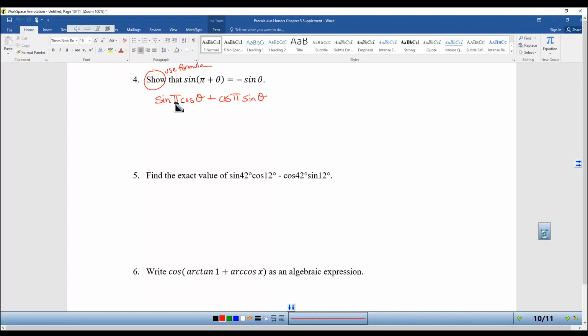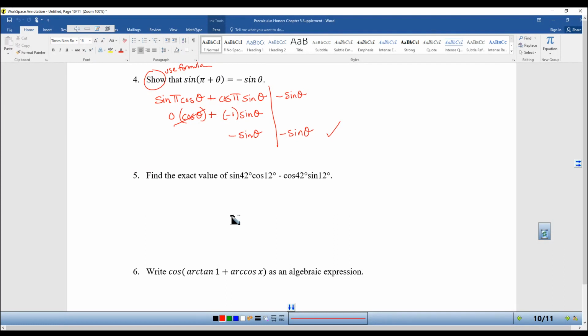Sine of pi is 0, and cosine of pi is negative 1. This cancels, and I just get negative sine of theta. If you were making a line, then you would have just shown that they are equal. So as proofs go, these are really pretty great.